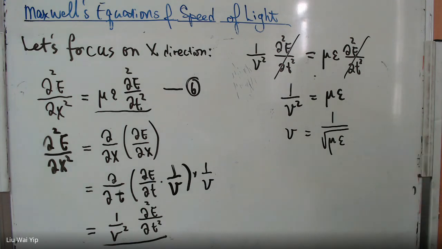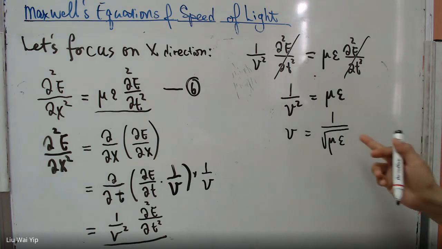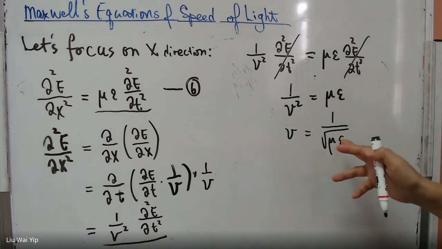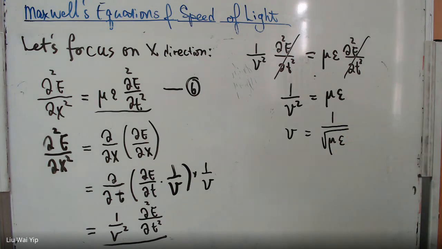Mu is the permittivity. Sorry, mu is the permeability, the magnetic permeability, and epsilon is the permittivity. So different space will have different value of mu and epsilon.